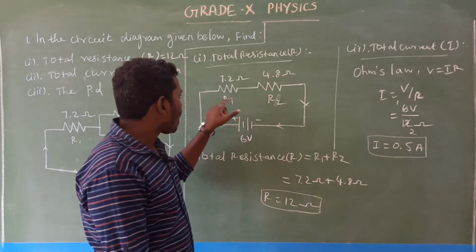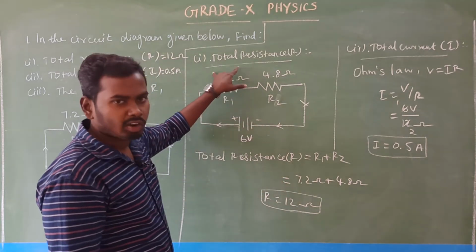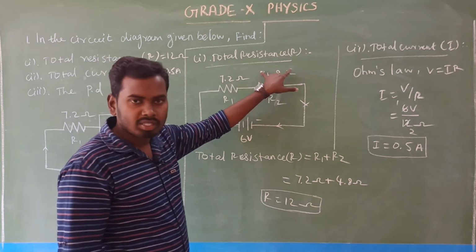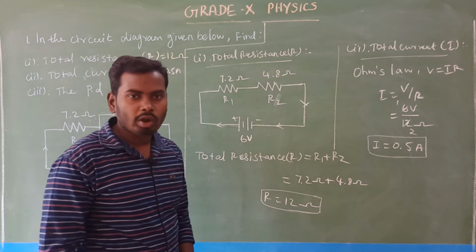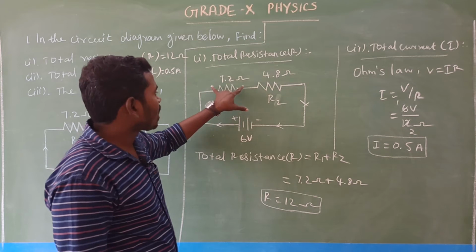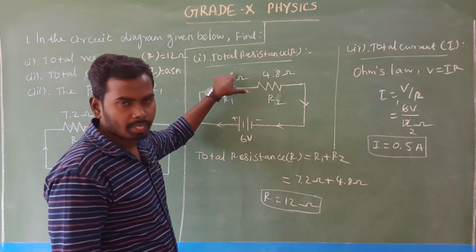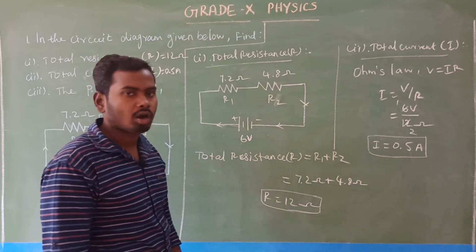Across R1 there will be some potential difference, and across R2 as well. Now we are going to find the potential difference across R1.